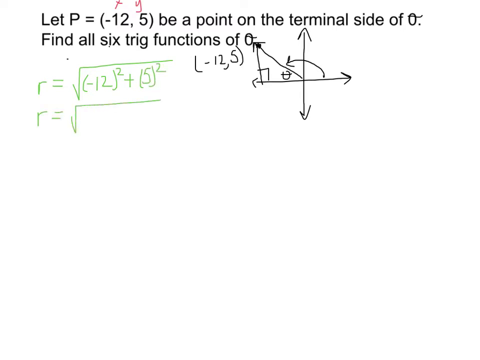So we're going to get 144 plus 25, which equals 169, which will be 13. So sometimes they'll come out nicely. So we have r, we have x, and we have y. So now we can find our trig functions.